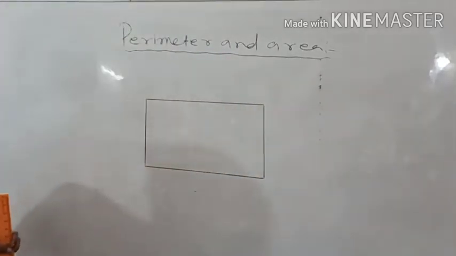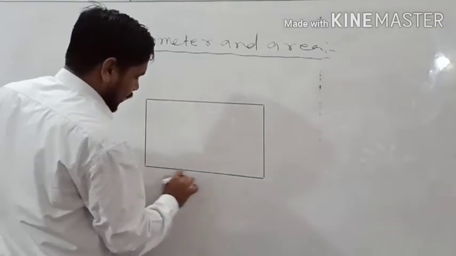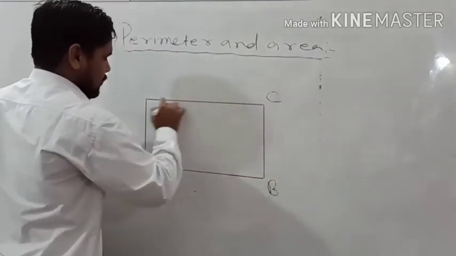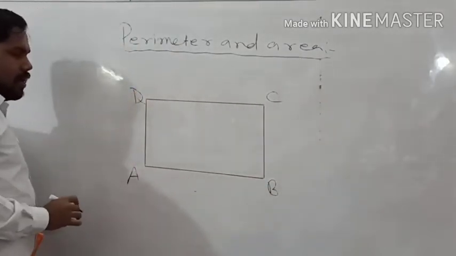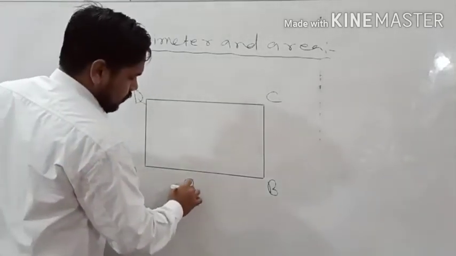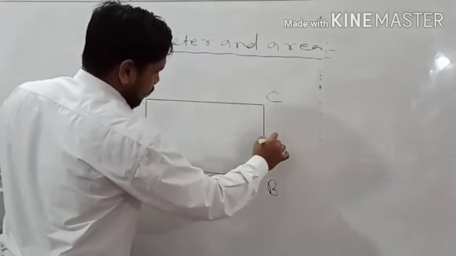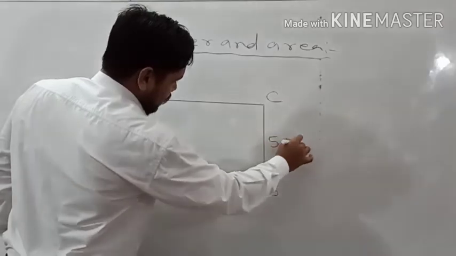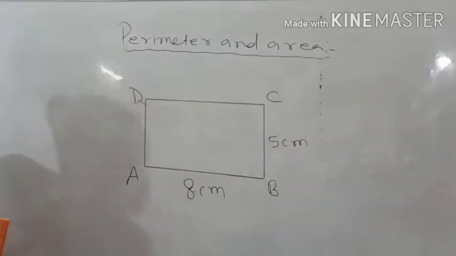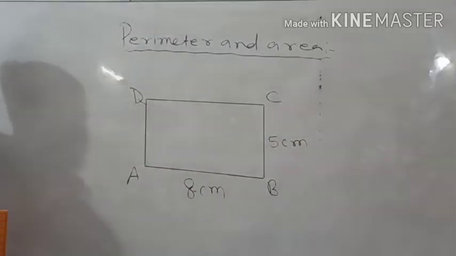This is what the rectangle is. Let us consider A, B, C, D, and suppose the length is 8 centimeter and the breadth is 5 centimeter, right? So how can we find the perimeter of a rectangle?